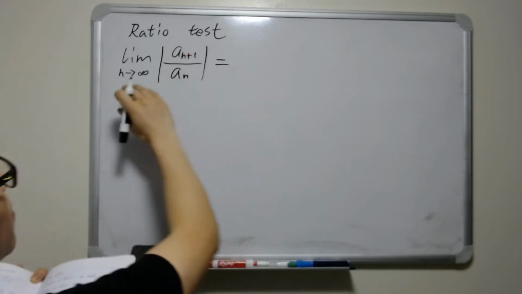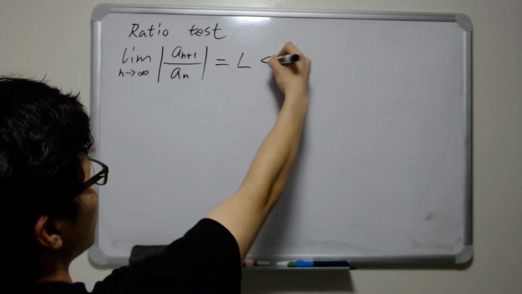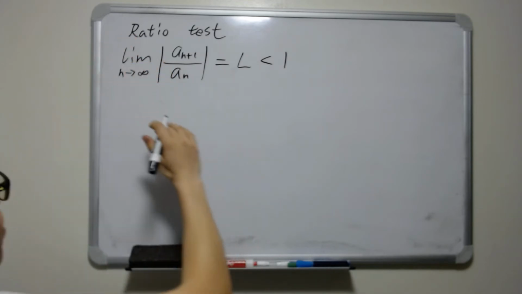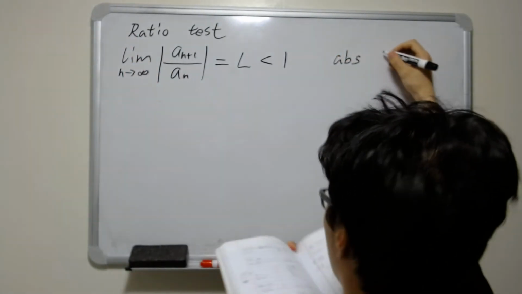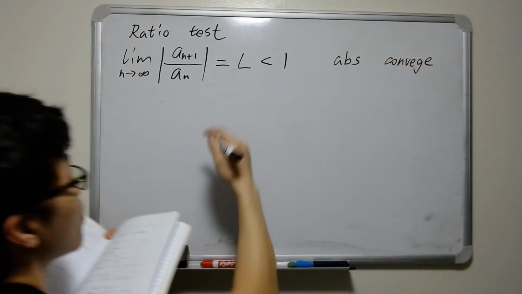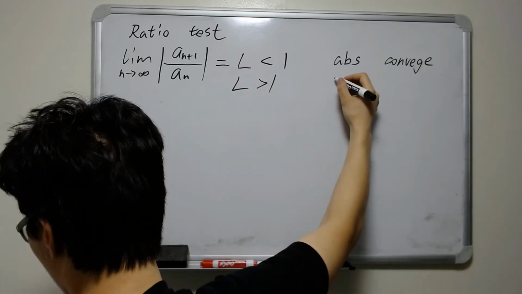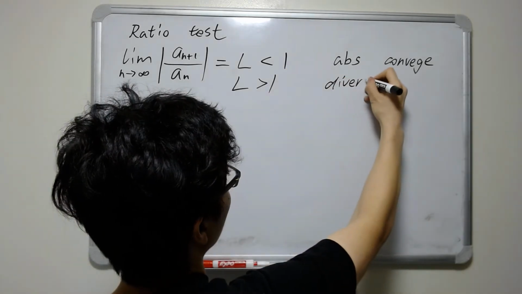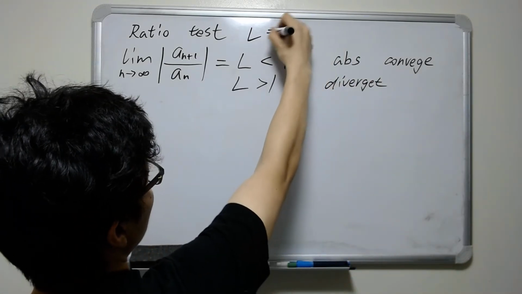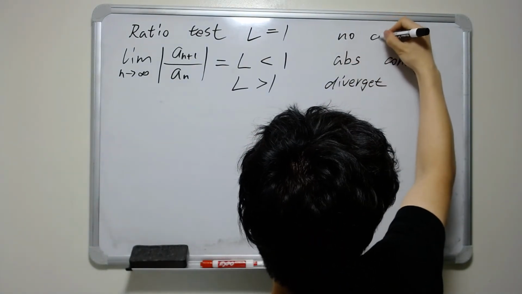And then if this limit goes to some constant, if this constant is less than 1, then we can say this series is absolutely convergent. If this constant is greater than 1, we can say this is divergent. And if this constant is equal to 1, we cannot draw a conclusion from the ratio test.